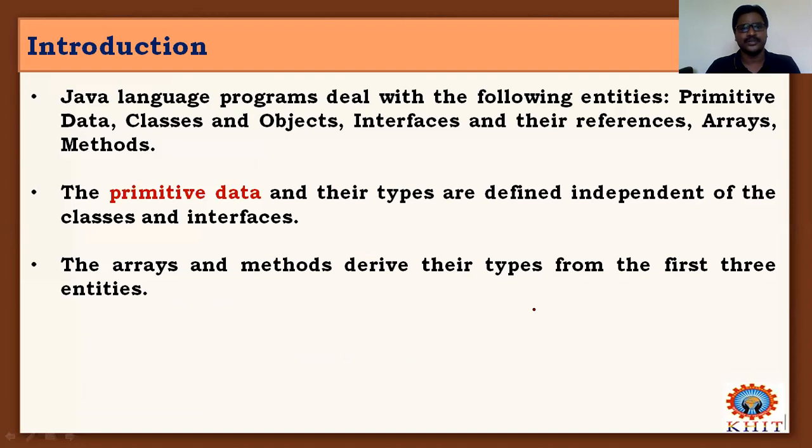So in particular, here we talk about primitive data types. Generally every language should have data types, and this Java language program deals with the following entities like primitive data types, and moreover we have some classes and objects, and interfaces are just similar to classes, and their references and different variables can be created for interfaces.